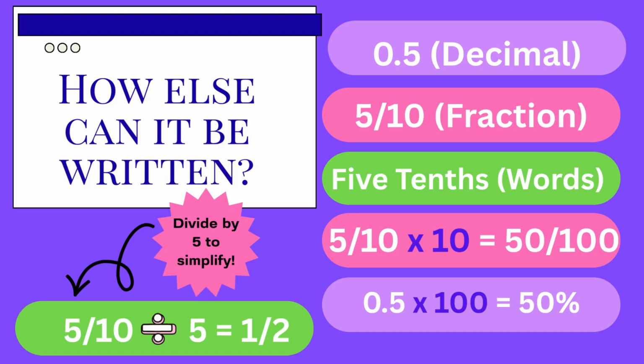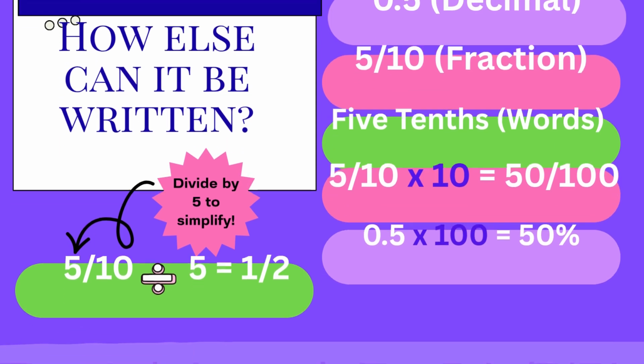You can also express 5/10 as a percentage, which would be 50%. And if you simplify the fraction 5/10, you get 1/2. All of these different forms represent the exact same value, just written in different ways.